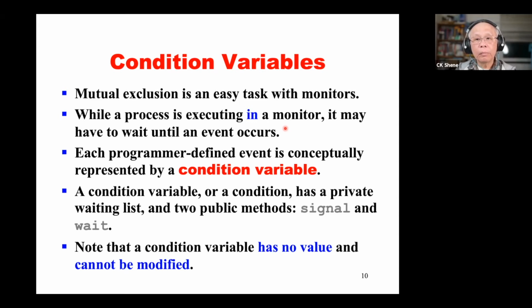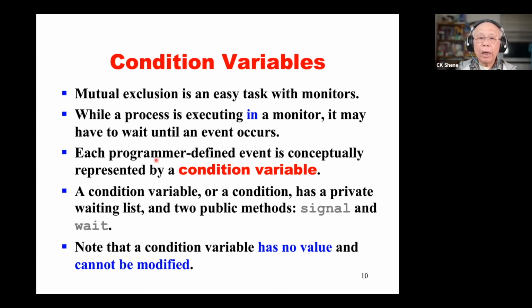Then what if there is no mechanism for me to wait for the value of count to become 0? The monitor construct is useless. Therefore, the event corresponding to the variable count being 0 is something we need to wait upon.